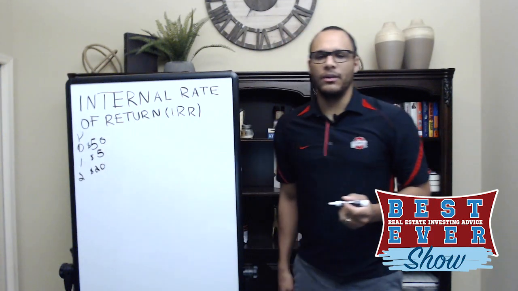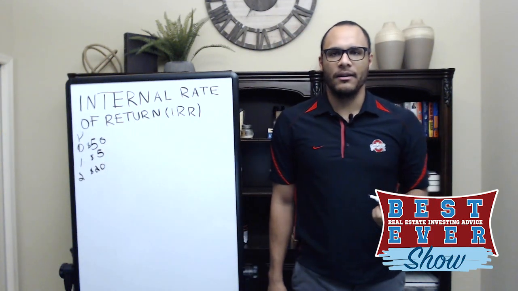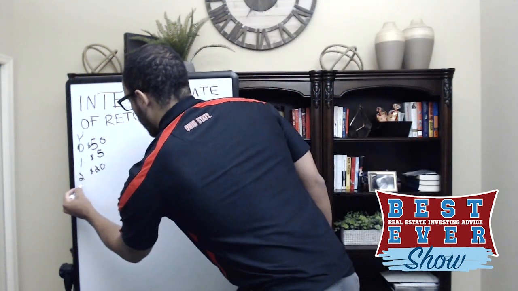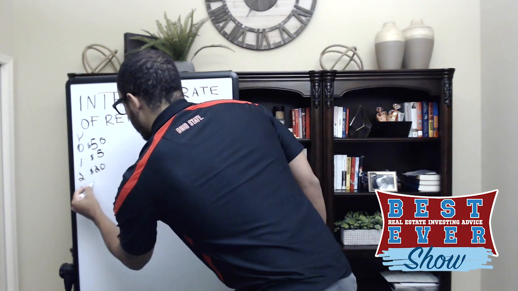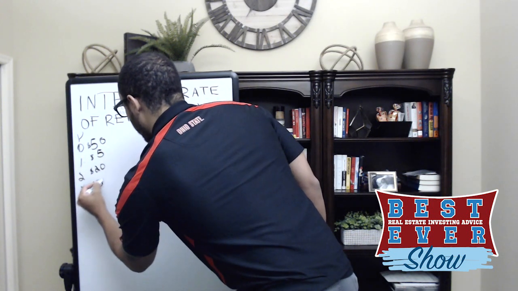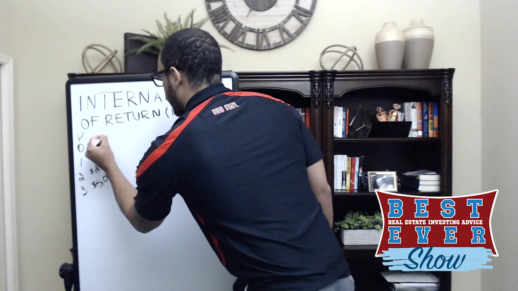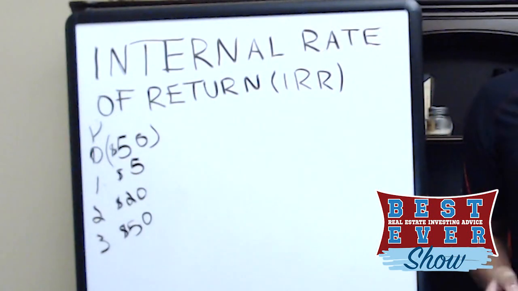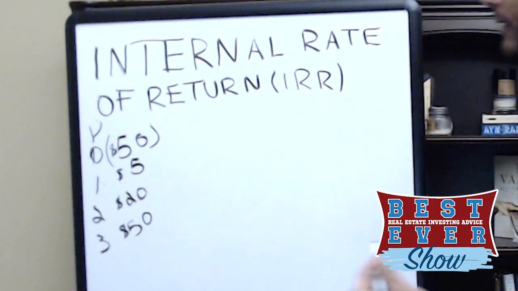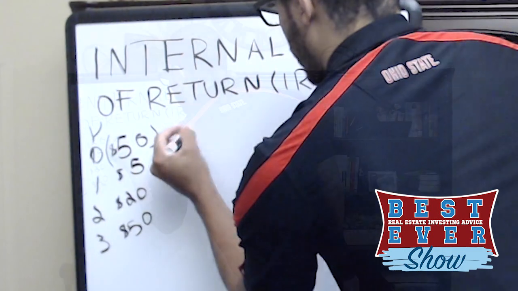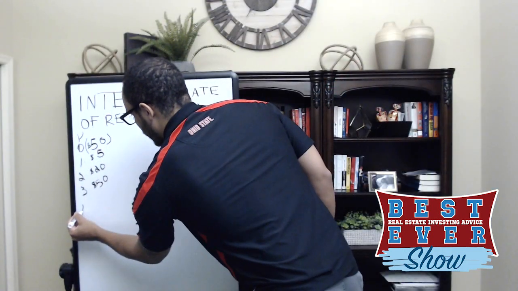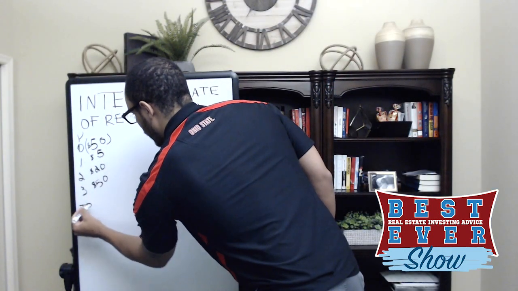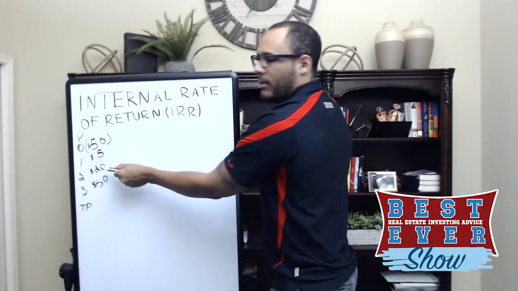So far in the 2 years, you've made $25 on your investment. And then in year three, you receive your initial $50 investment back. I'm going to put parentheses around this because this is technically a negative number because you're investing it, you're getting rid of that money. So the total profit, let's call it TP, is the $5 plus the $20.